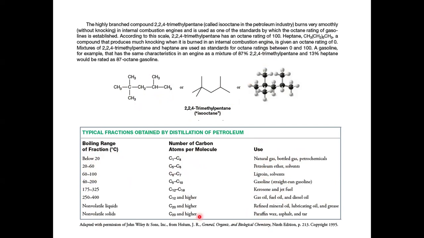At carbon 20 and higher, you can have your paraffin wax, your asphalts, and then your refined mineral oil. You can see this in your lotions and cosmetic products; paraffin wax, you can also see in lotions. So that is for gasoline.